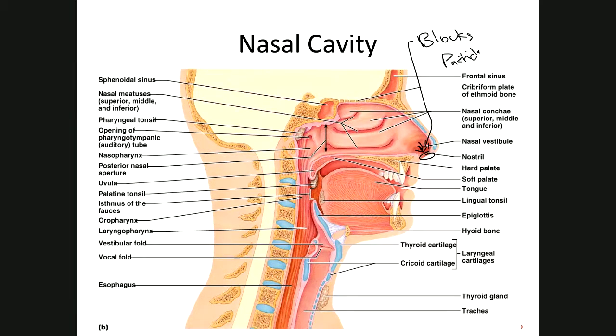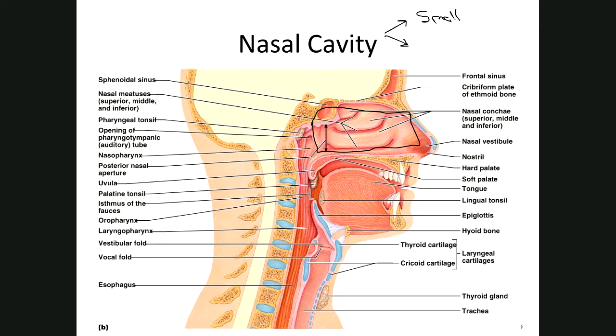From the nose, we go into the nasal cavity. So here's the nasal cavity. And the nasal cavity has more than one function. This is where our olfactory receptors are. So this is where our sense of smell comes from. But it also has a mucous membrane in here. And this mucous membrane is very warm, and it's also sticky.